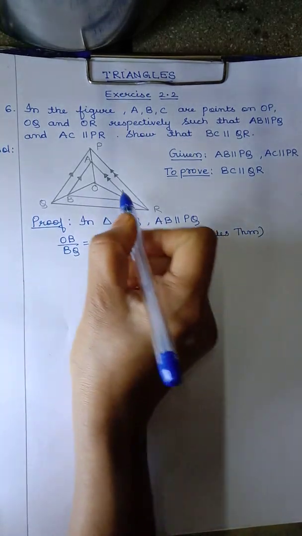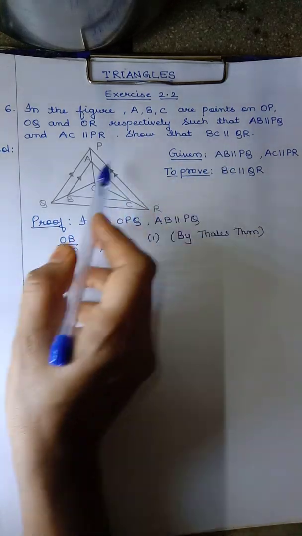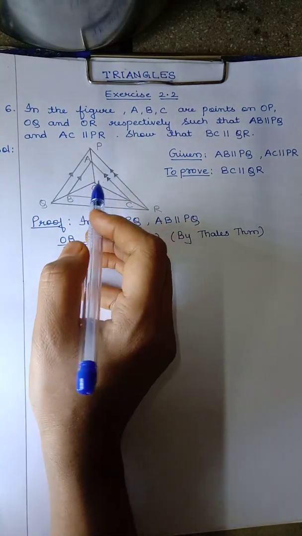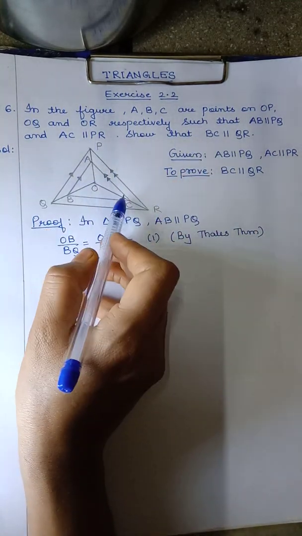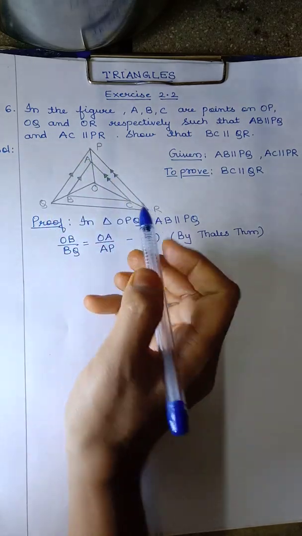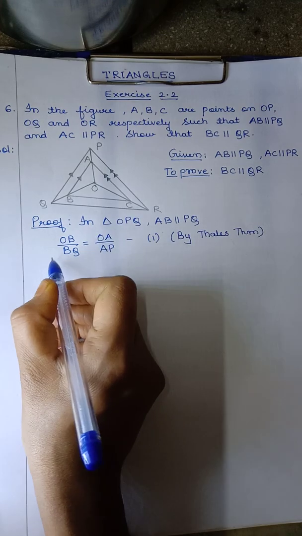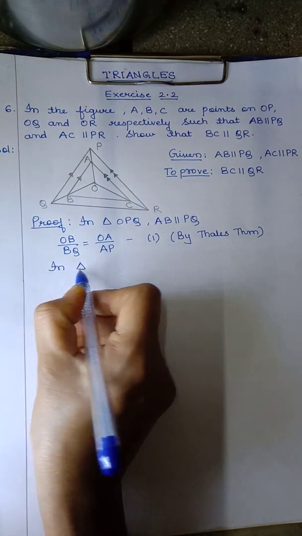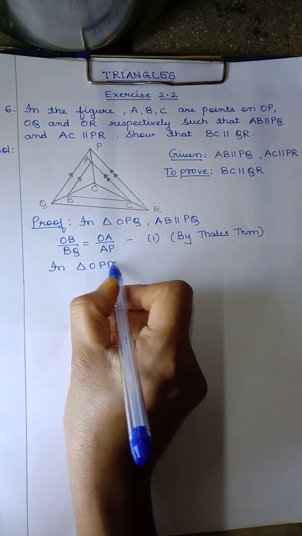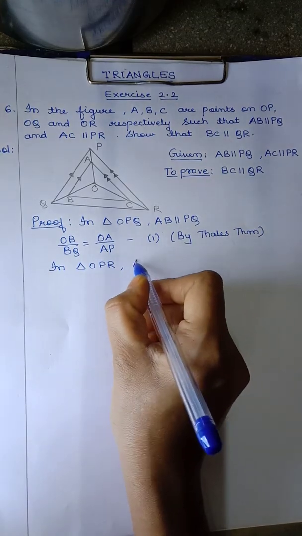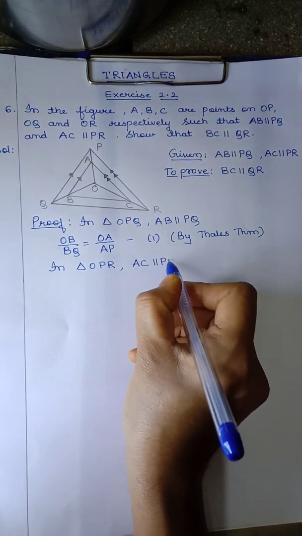Now the next given thing is AC is parallel to PR. In which triangle, children? It is parallel in triangle OPR. So take in triangle OPR, AC is parallel to PR.